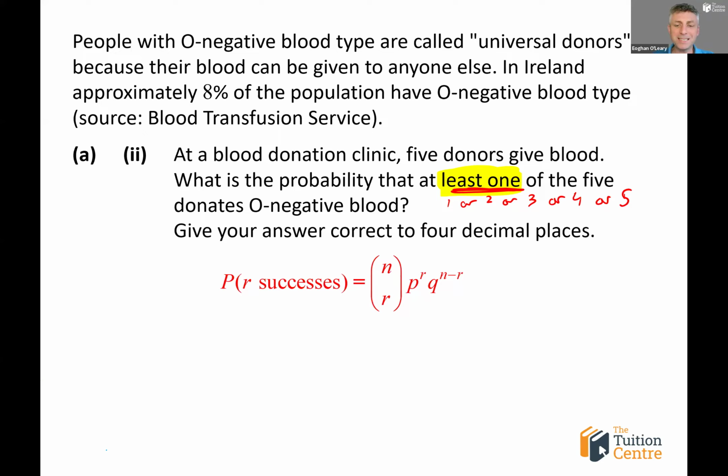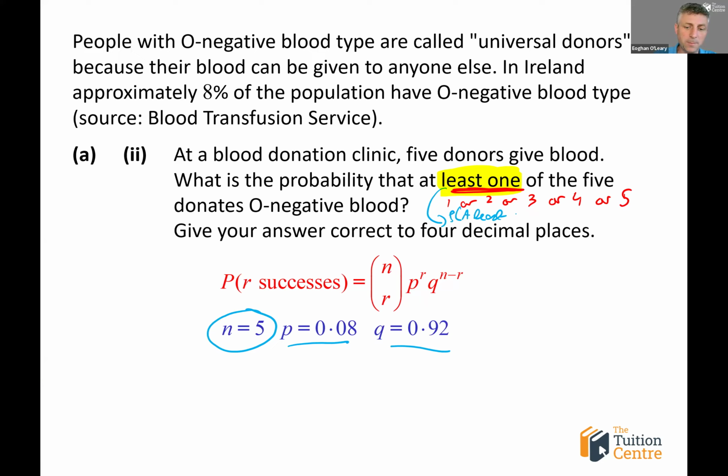But because it's saying at least one of the 5, if I think about my 5 trials, my success, my failure, and if I work out the probability that there's no success, well, the probability of at least one is equal to 1 minus the probability of none.